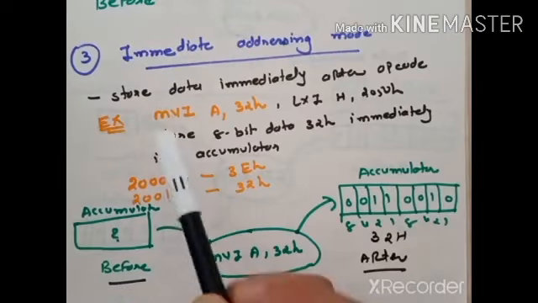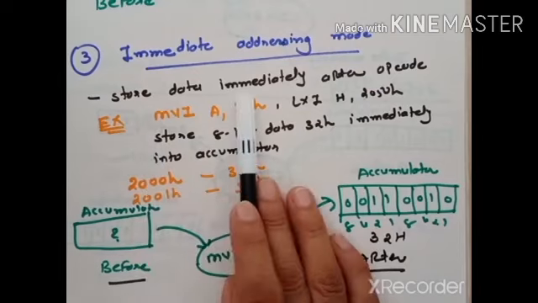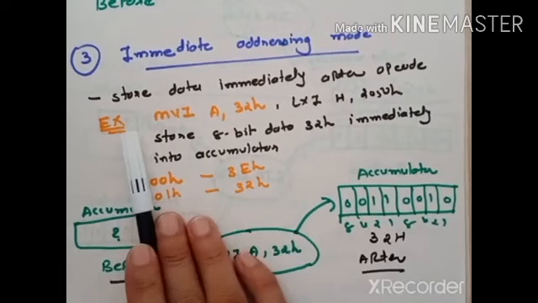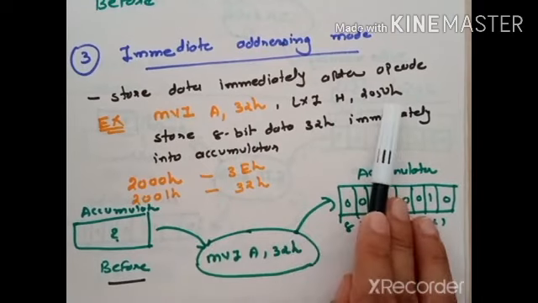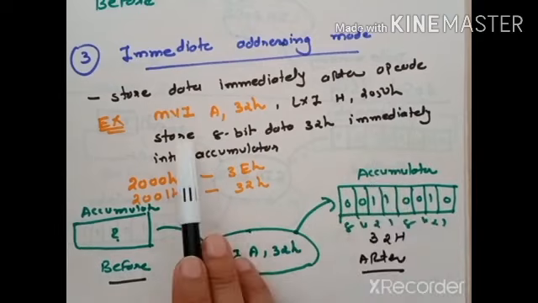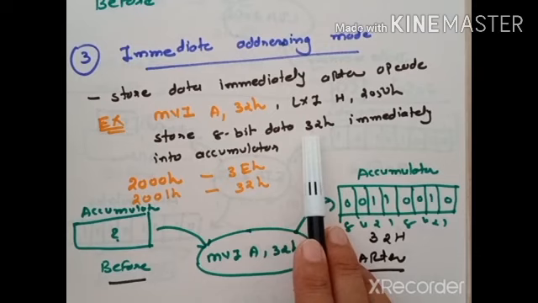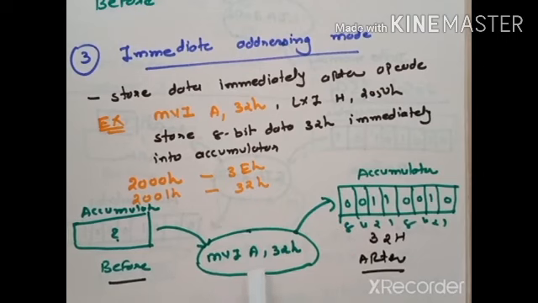Next addressing mode is immediate addressing mode. In this, data is stored immediately after the opcode. Examples are MVI A, 32H and LXI H, 2050H. MVI A, 32H stores 8-bit data 32H immediately into the accumulator.